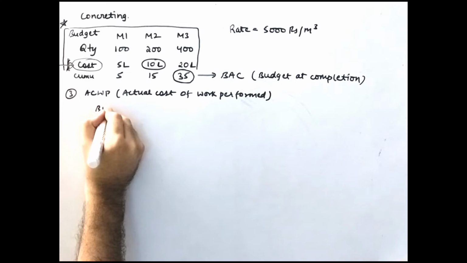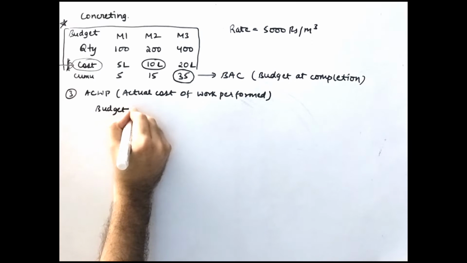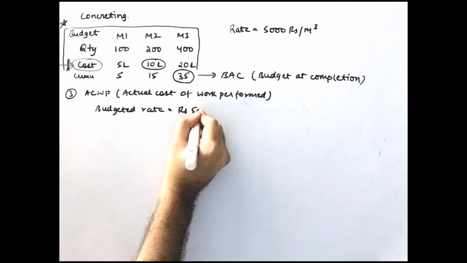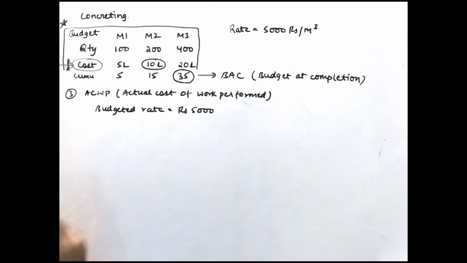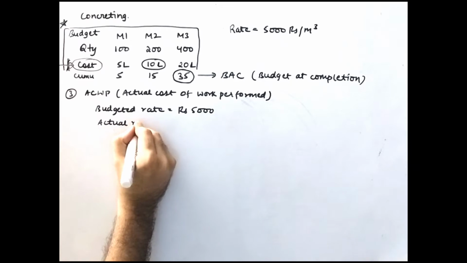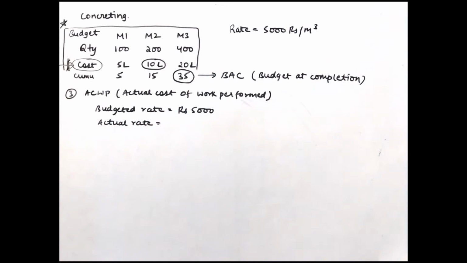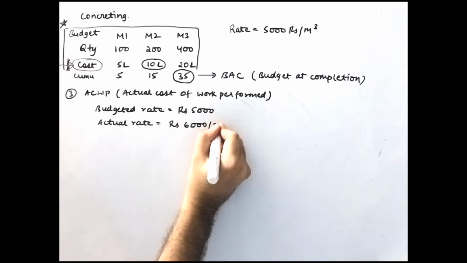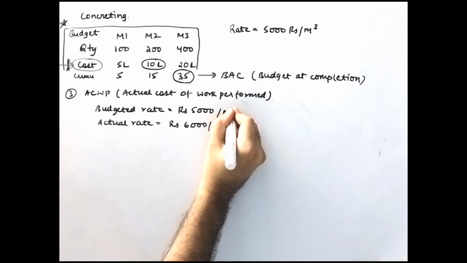See, let's say our budgeted cost or budgeted rate was rupees 5000 per meter cube, which we assumed in the starting of the project. But when we actually did the work and when we actually poured the concrete, we realized that we are incurring rupees 6000 per meter cube instead of 5000 per meter cube.